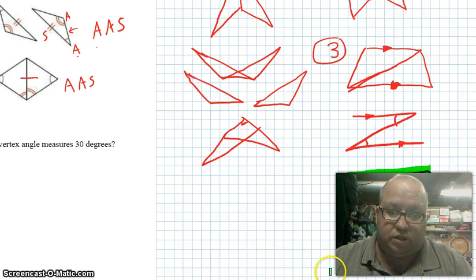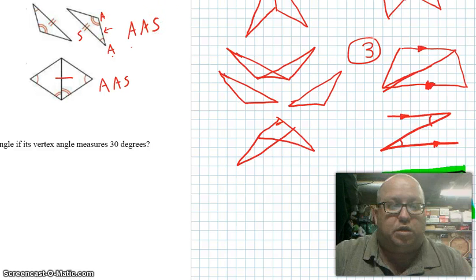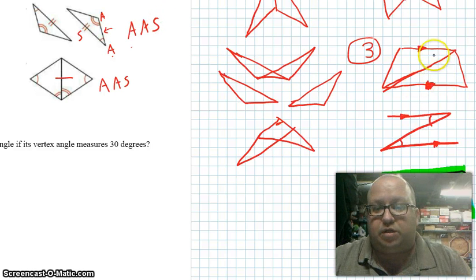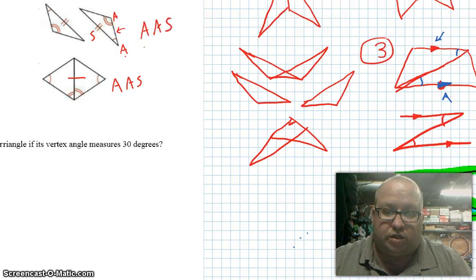Sometimes there's more Z's, so watch out for those parallel lines. Your clue that maybe you're looking for some alternate interior angles sometimes in these drawings are these parallel markers. That's kind of a sad little parallel marker. That's a little better. Then see these alternate interior angles right here and right here will be equal. And sometimes that's in those drawings and you don't see it right away.